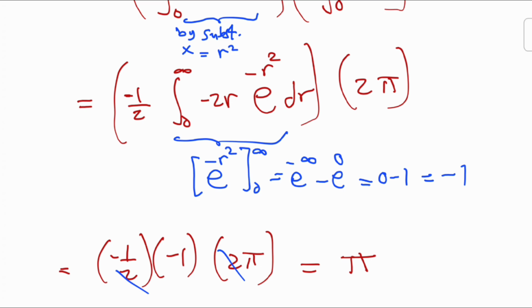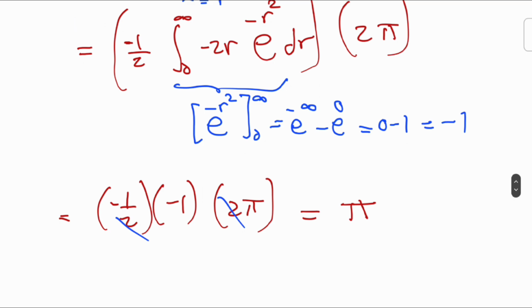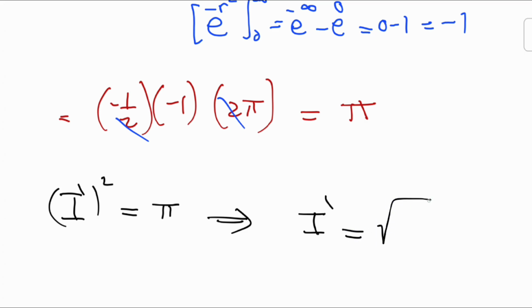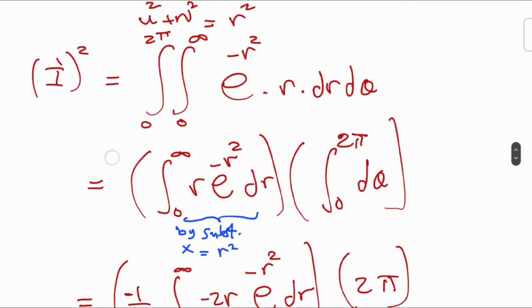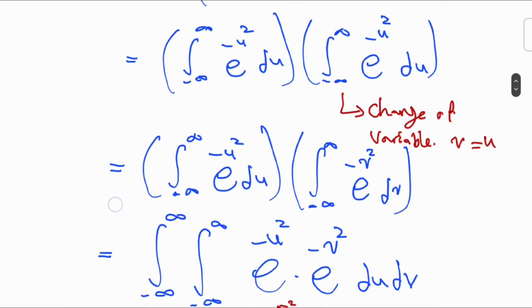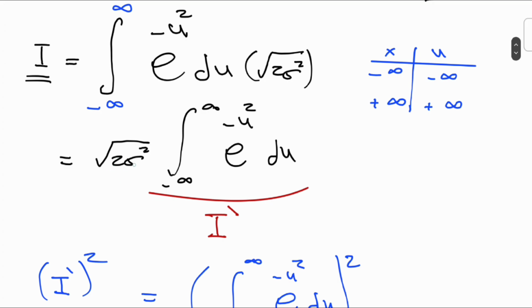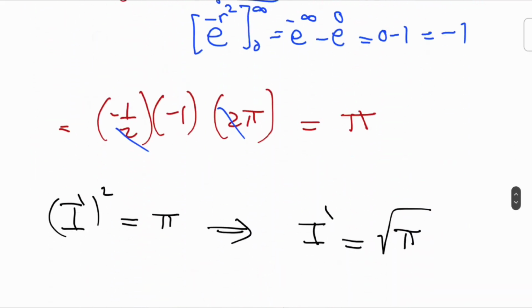So in this case we have shown that I prime square equals pi, therefore I prime is just the square root of pi. If you go back here, we have that I, the original integral, is root 2 sigma square times I prime.